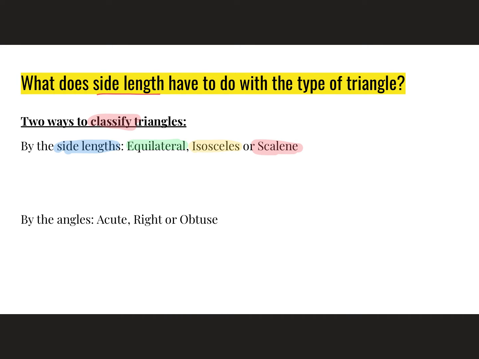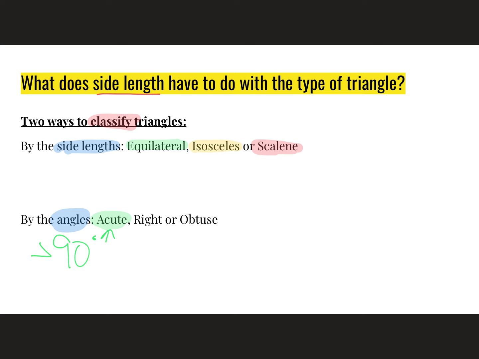We can also classify triangles by the types of angles, and that's what we're doing today. There are acute triangles. In acute triangles, all the angles are less than 90 degrees.